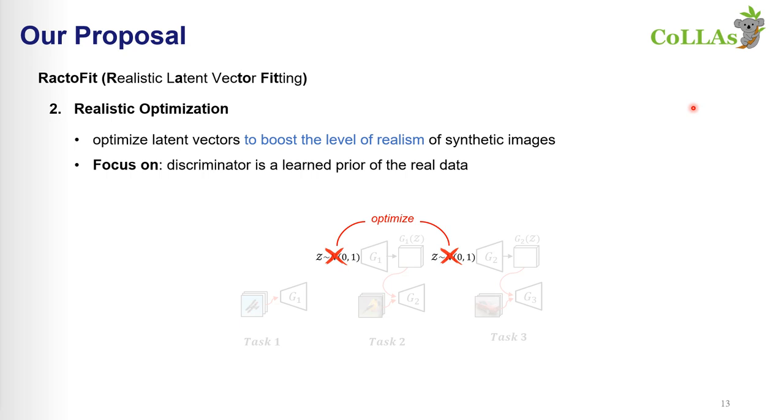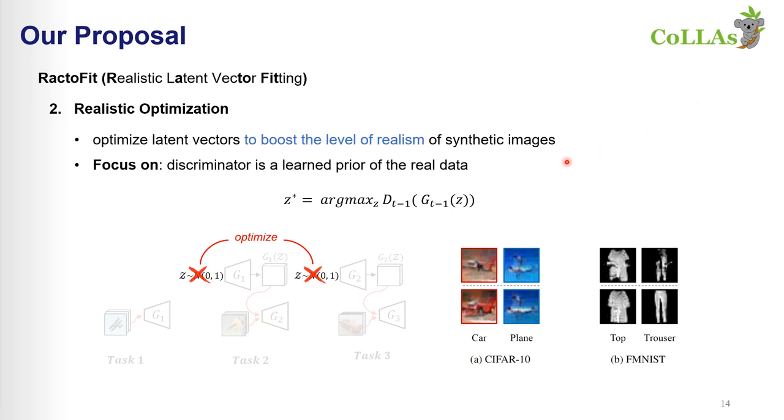Along with replaying images using the constructed memory buffer, we also replay synthetic samples using generative replay to further enhance knowledge preservation. And at this point, we carry out realistic optimization to boost the level of realism. For this, we utilize the discriminator, which effectively acts as a learned prior of the real data.